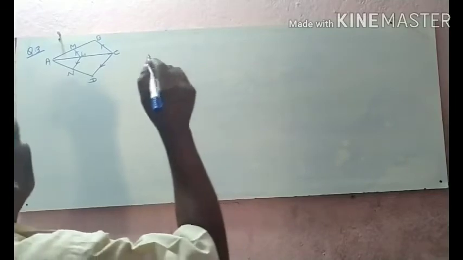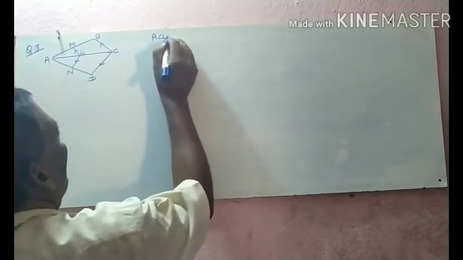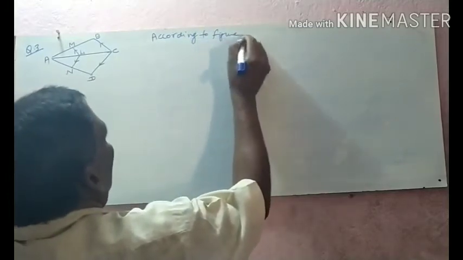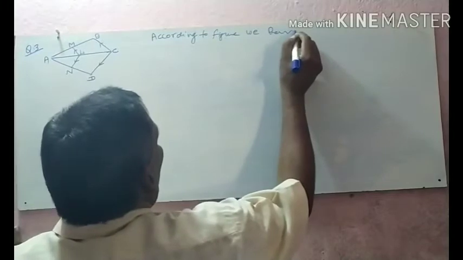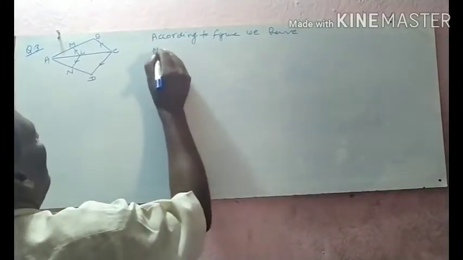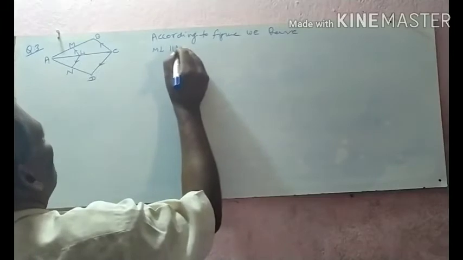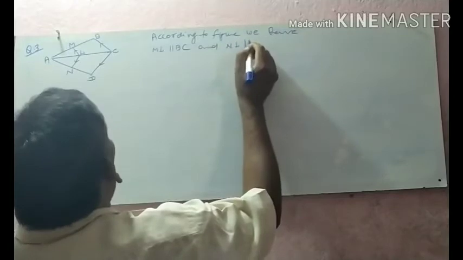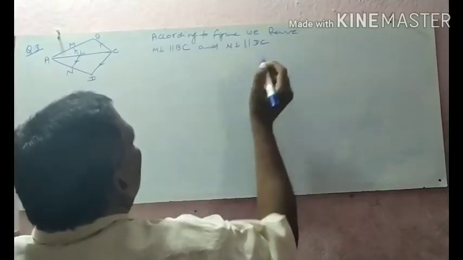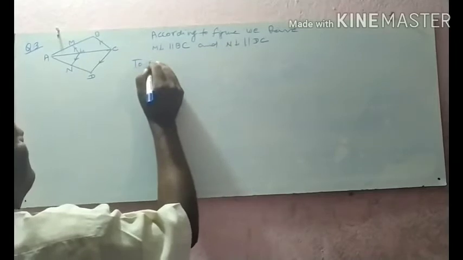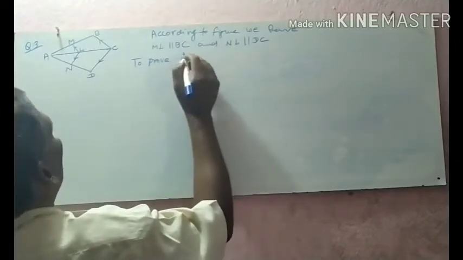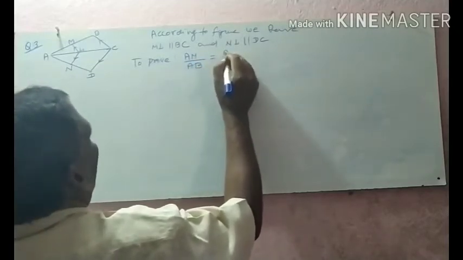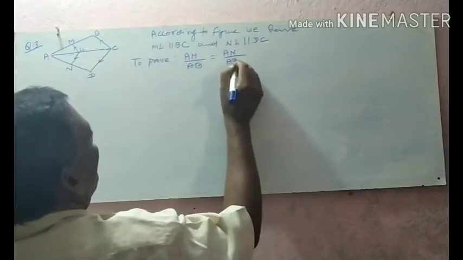According to the figure, to prove AM by AB is equal to AN by AD.